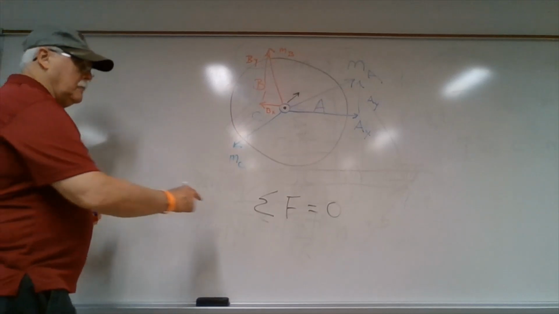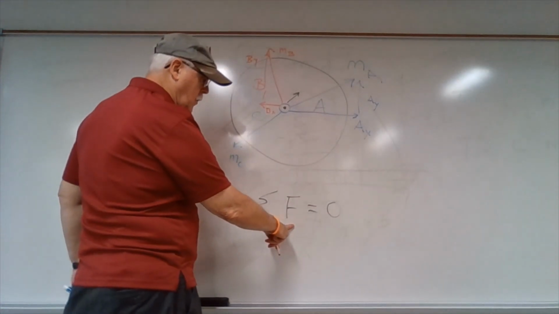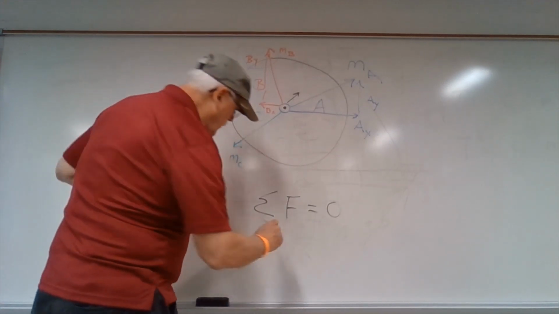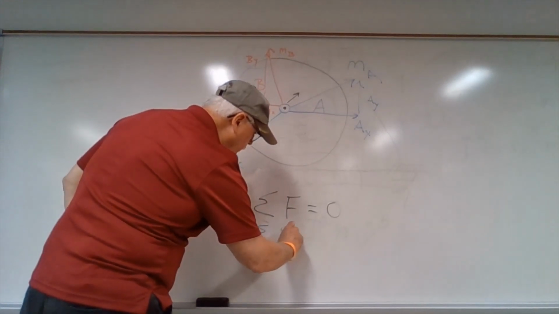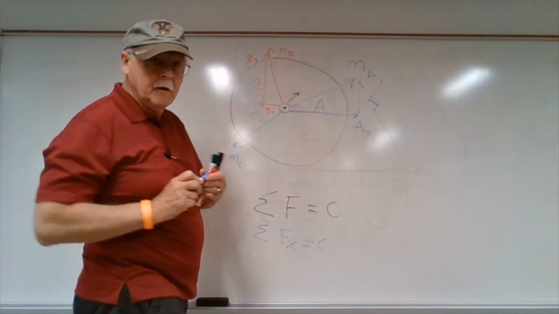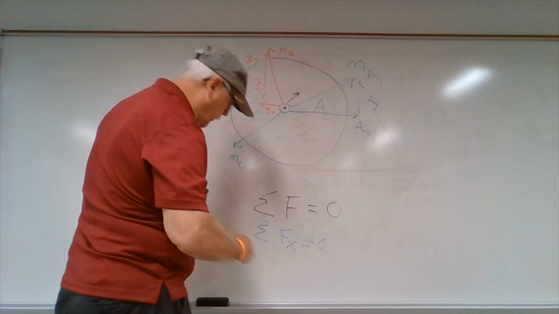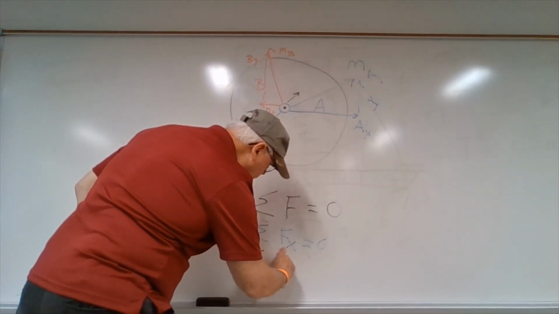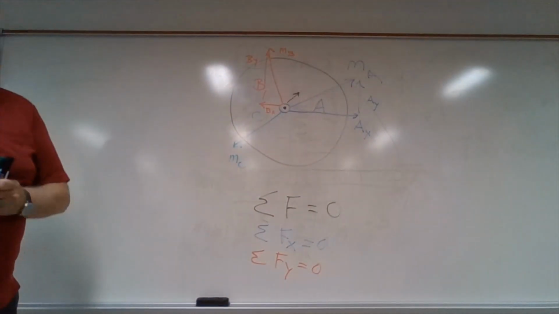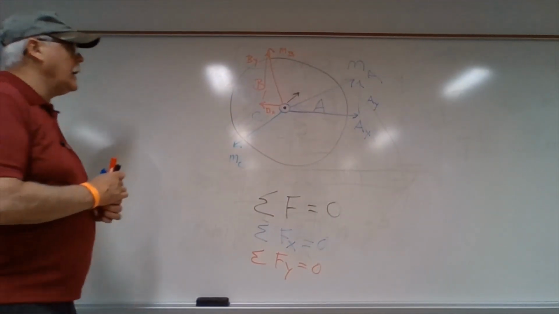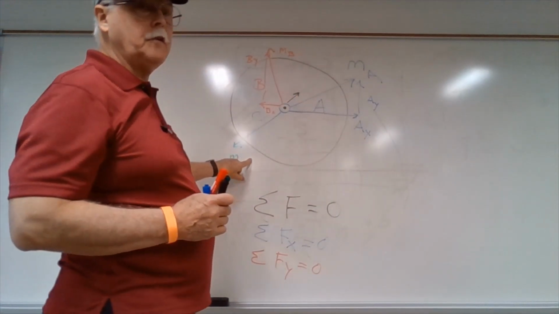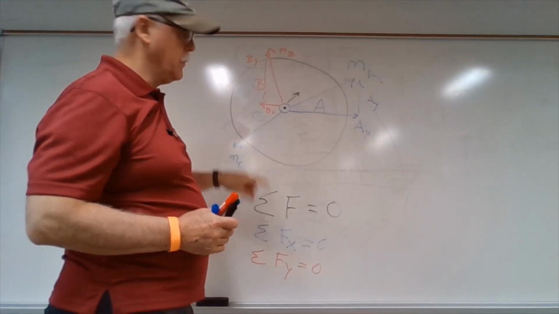Now, because this is the total vector, I could also write it as the sum of the forces in the X direction equals 0, and the sum of the forces in the Y direction equals 0. Okay? So I ought to be able to say AY plus BY plus CY equals 0.